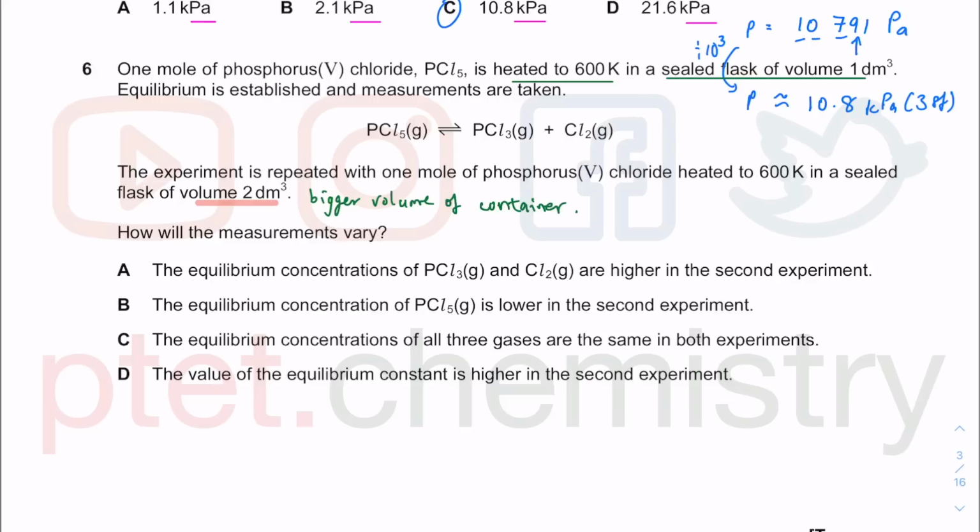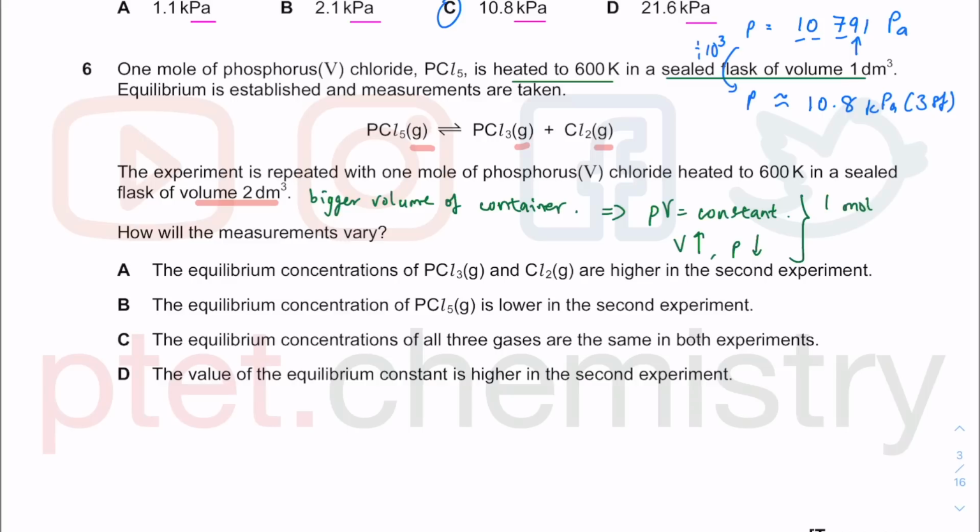When you have bigger volume of container, we know that PV equals constant for an ideal gas, which we can assume here, obviously. Now the volume increases, means the pressure has to decrease. And a pressure decrease can affect the equilibrium position depending on the moles of gases on the left and on the right.